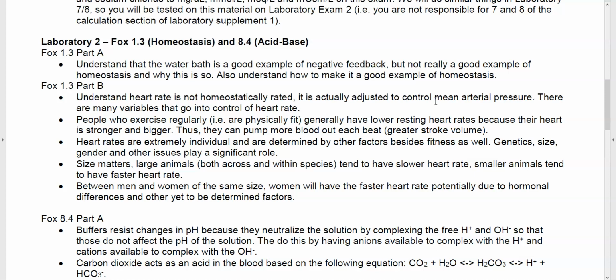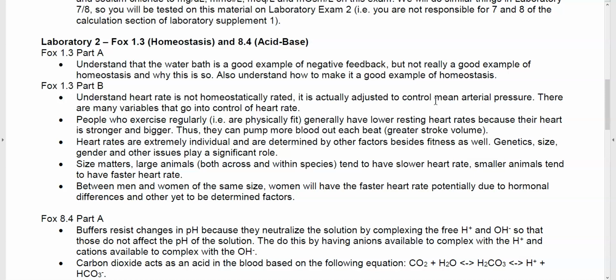So specifically for FOX, we did 1.3 in Lab 2 and 8.4. So 1.3 had two parts. The first part was the water bath and how the water bath works. So the information about the water bath, where it talks about the sensor and the integrator and things like that, and how it works through negative feedback.